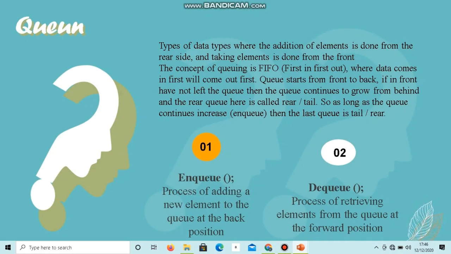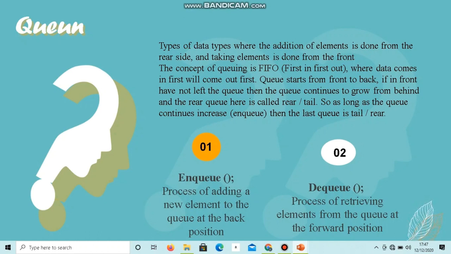A queue is a data type where the addition of an element is done from the rear side and taking an element is done from the front. The concept of queue is FIFO, first in, first out, where data that comes in first will come out first. Queue starts from front to back. If the front has not left the queue, then the queue continues to grow from behind, and the rear of the queue is called rear or tail.